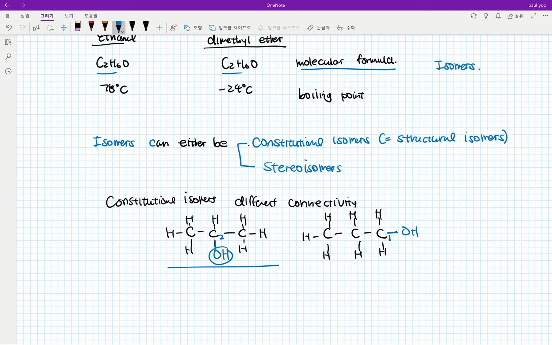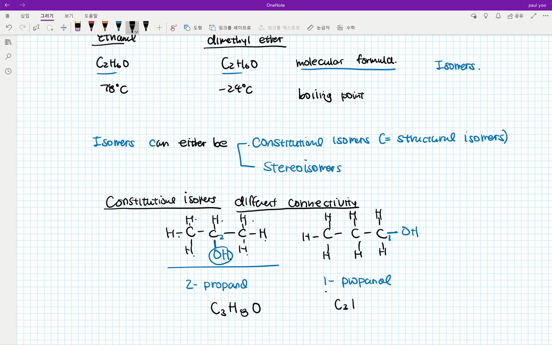So the first molecule will be named 2-propanol, and this molecule will be 1-propanol, or just propanol. And they are considered constitutional isomers because they have different connectivity with the same molecular formula. They will both be C3H8O, with 8 hydrogens.